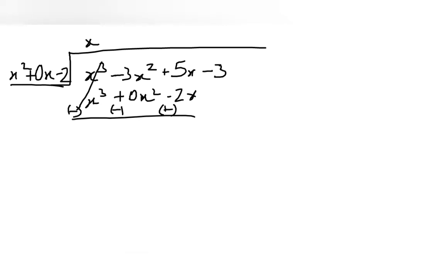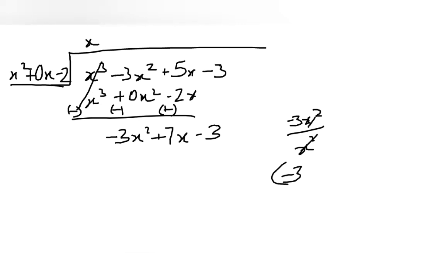Now minus 3x square minus 0x square is minus 3x square, and plus 5x plus 2x is plus 7x, minus 3. Now we again divide the first terms, so minus 3x square by x square, we cancel them, so we get minus 3 left.